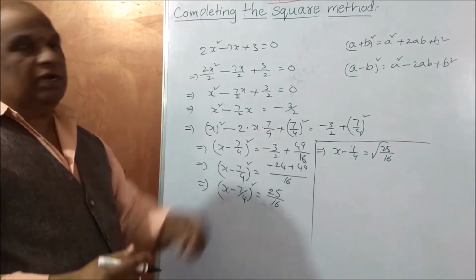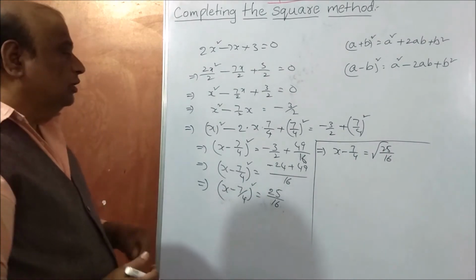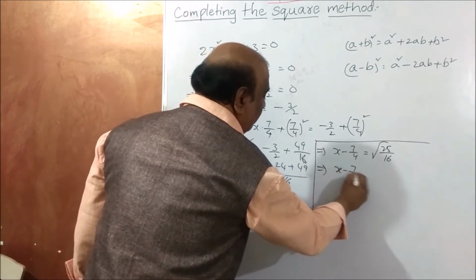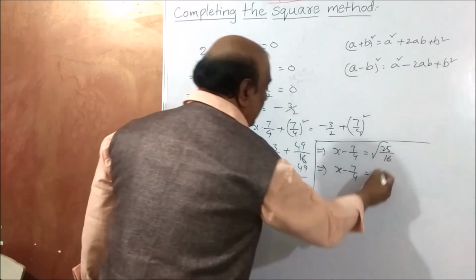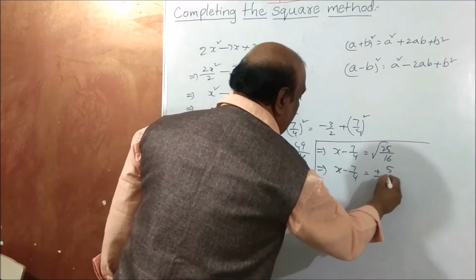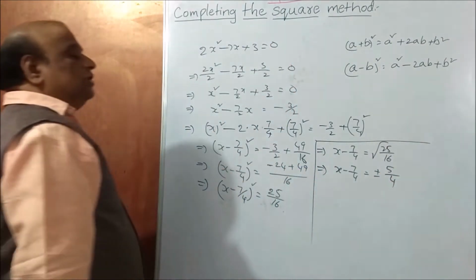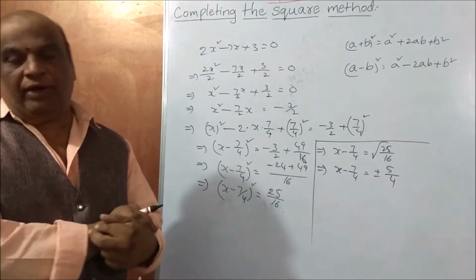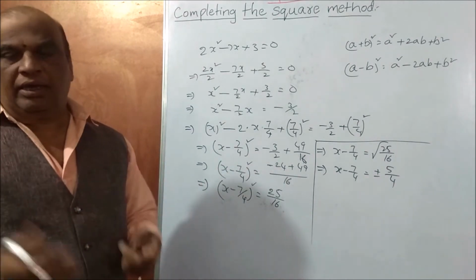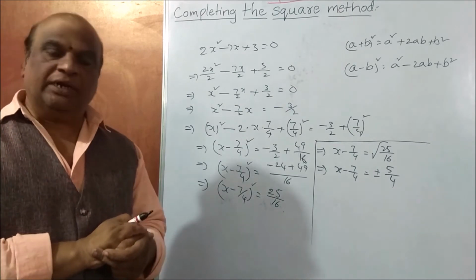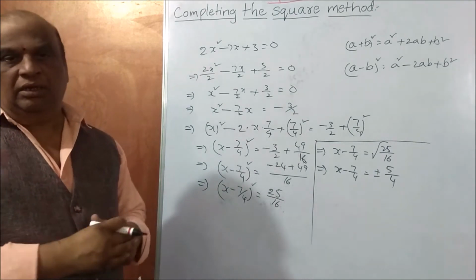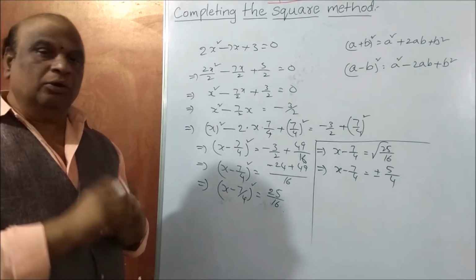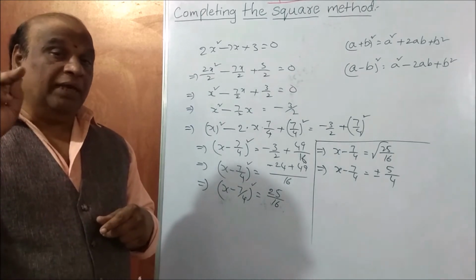So this is a rational number, 25 by 16. So roots exist here. X minus 7 by 4 is equal to plus or minus 5 by 4. Actually, what is the root of 25? Generally we take 5. What is the root of 36? The root is 6. Generally we take the positive root. Actually root of 25 is plus or minus 5.